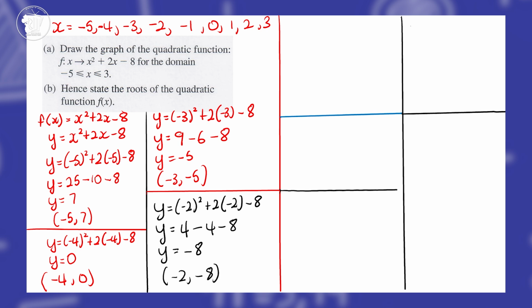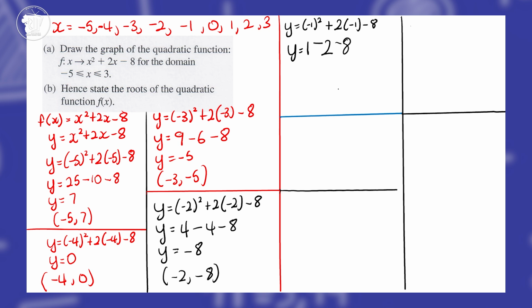So the next term that we want to move on to would be the negative 1. So you'll have y is equal to, so instead of x squared, we'll have negative 1 squared plus 2 times negative 1 minus 8. So y will be equal to 1, negative 1 squared would be 1 plus 2 times negative 1 would be, so this will actually be a minus, 2 times negative 1 would be a minus 2, and then a minus 8.